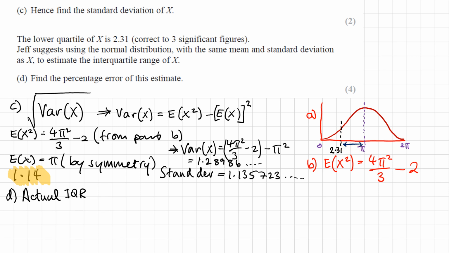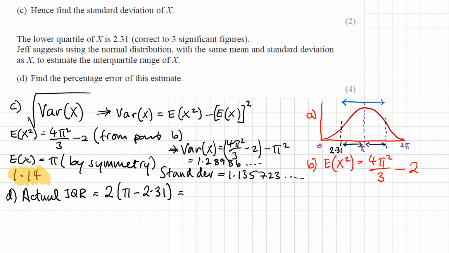So the upper quartile is going to be equally spaced on the other side because it's a symmetrical distribution. So the interquartile range is basically going to be this much. So I could say it's the difference between pi and 2.31 doubled. So the actual interquartile range is going to be 2 lots of pi minus 2.31.